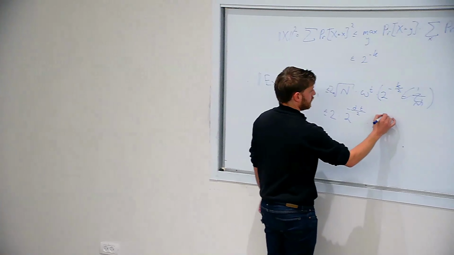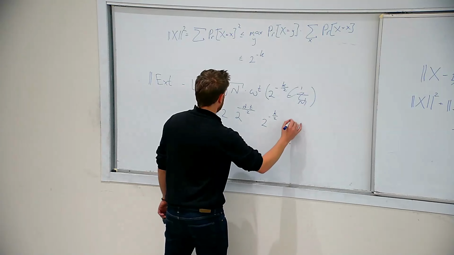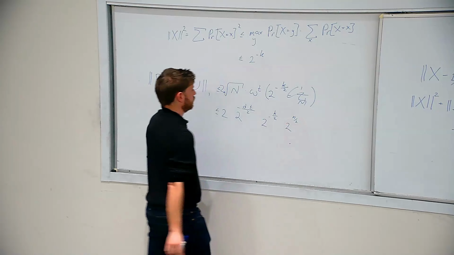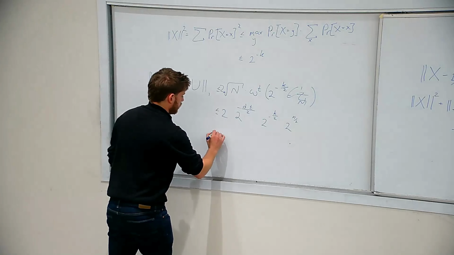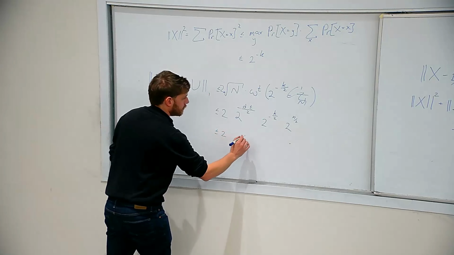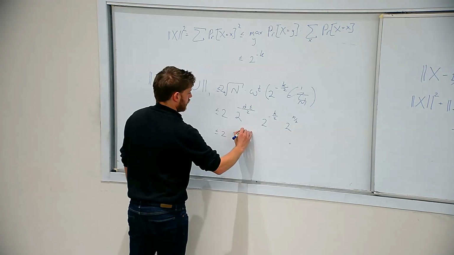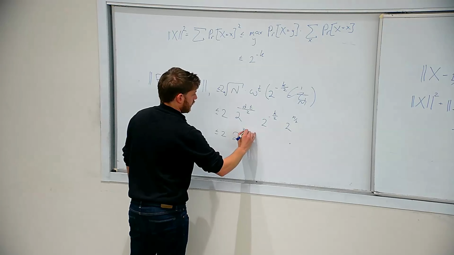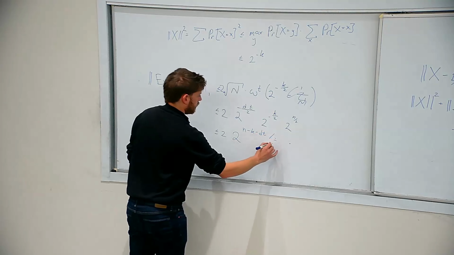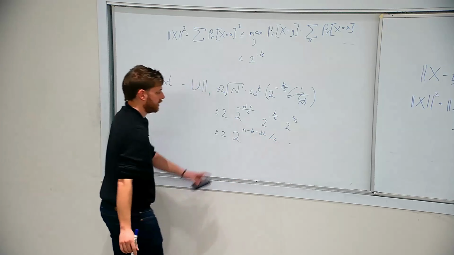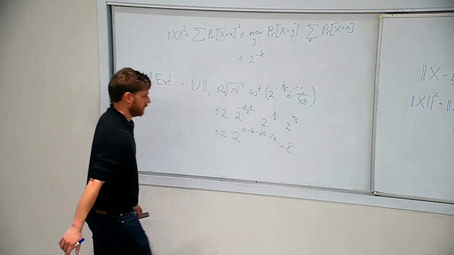Times 2 to the minus k over 2 times 2 to the n over 2. This one. No, 2 times 2. So we have n minus k minus dt over all of this, and we need this to be small. We need this to be equal to epsilon.